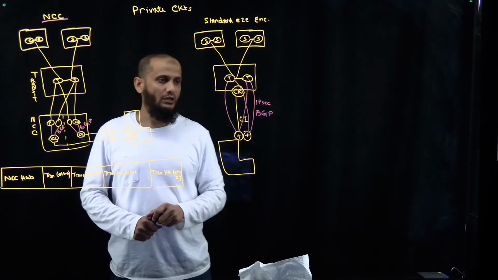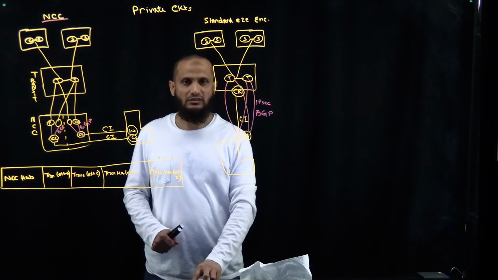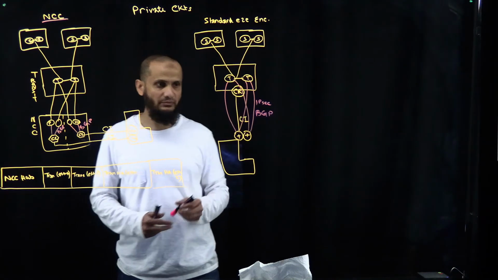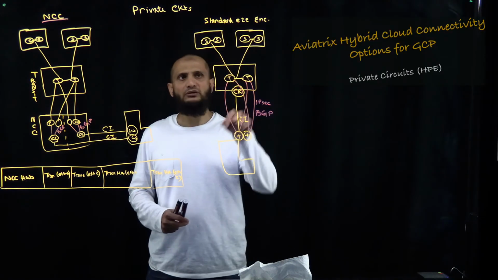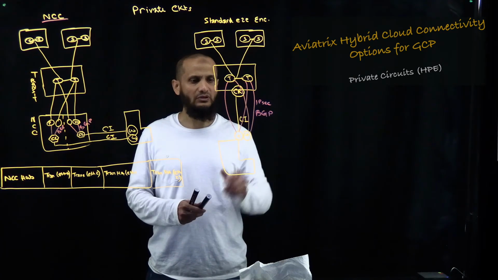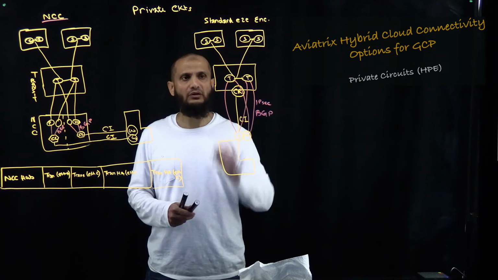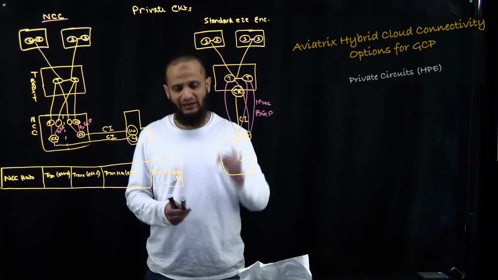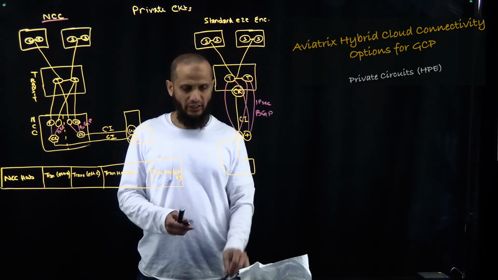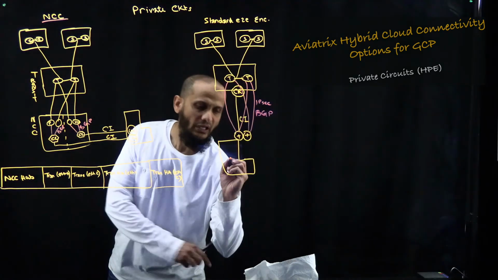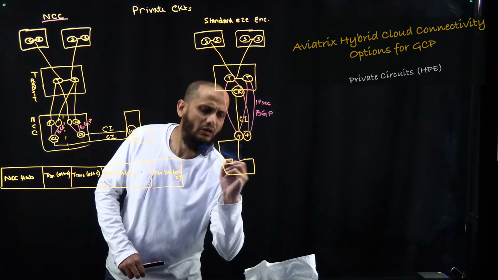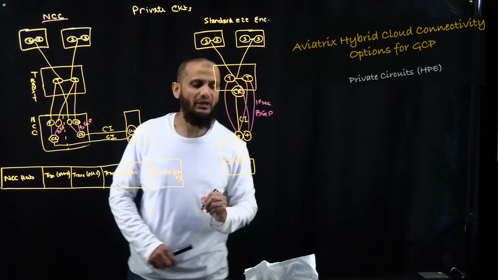All right, so let's take a look at another architecture, which is the high-performance encryption. I'm going to reuse this drawing, and instead of building the connections over here with the WAN router, we are going to deploy Aviatrix software at the data center or on-prem.